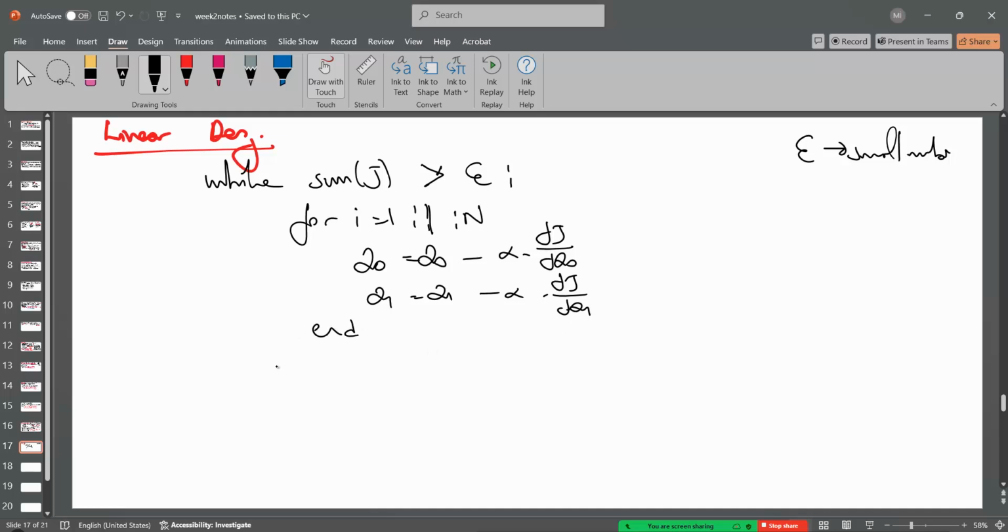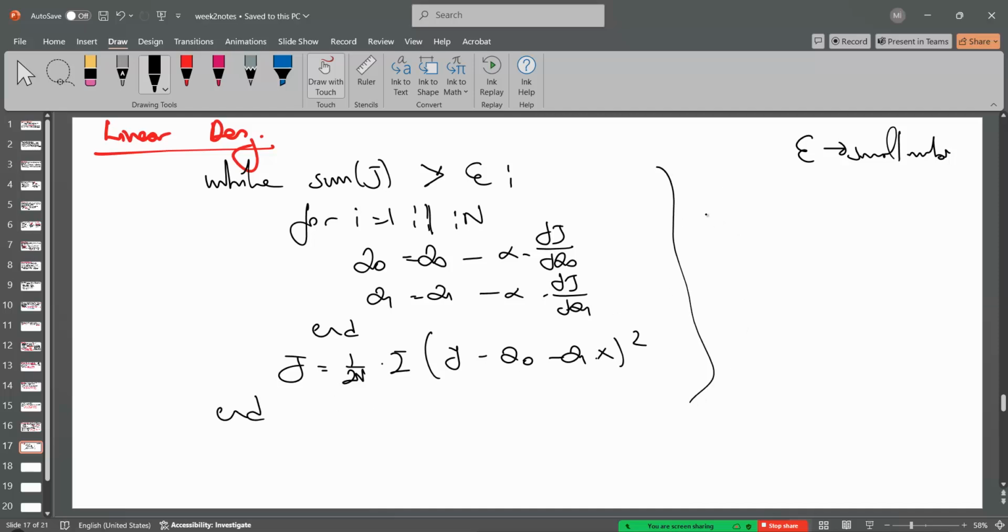After that, we need to calculate the total J value in here, just like this one, 1 over 2n times the sum of (theta 0 plus theta 1 x minus y) squared, and therefore we can run the whole algorithm. This is the learning algorithm for our cases. Okay?